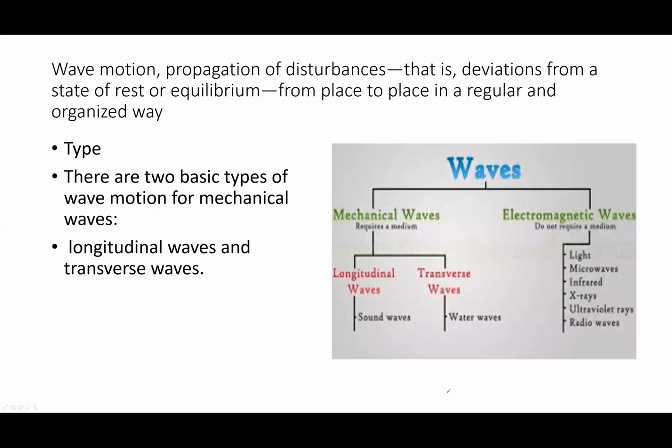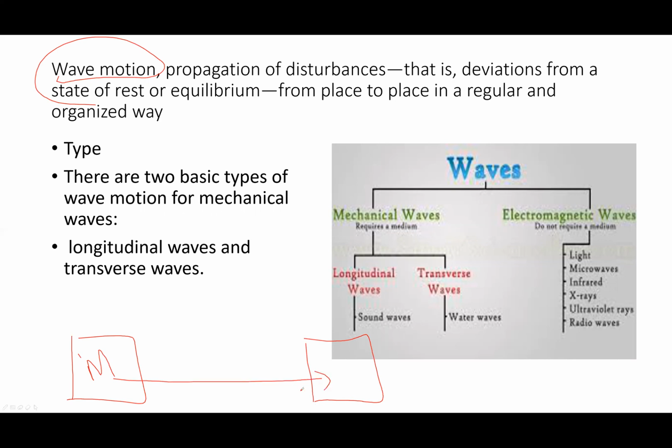Now, wave motion. Wave motion is the mechanism by which disturbance is transferred from one place to another place. If this is your room and you switch on music loudly, and your brother or sister is sleeping in the other room, she will hear the music and the disturbance is transferred from your room to that room.